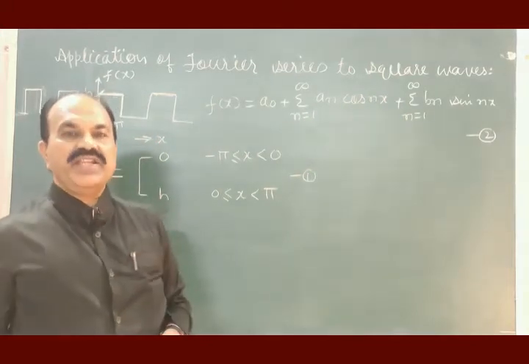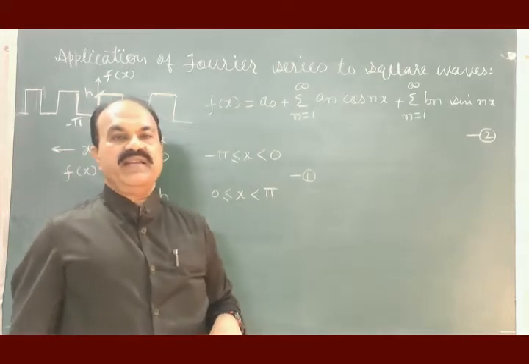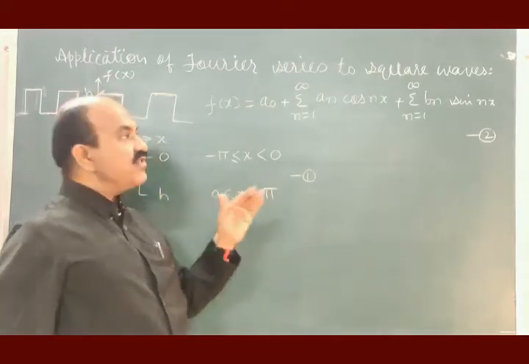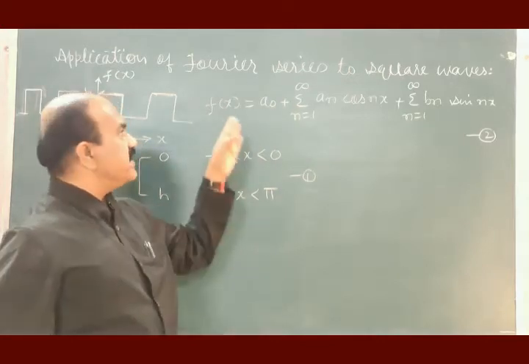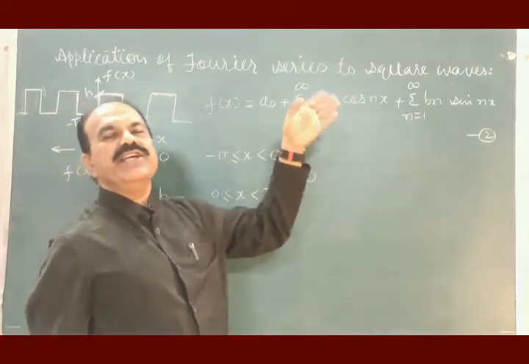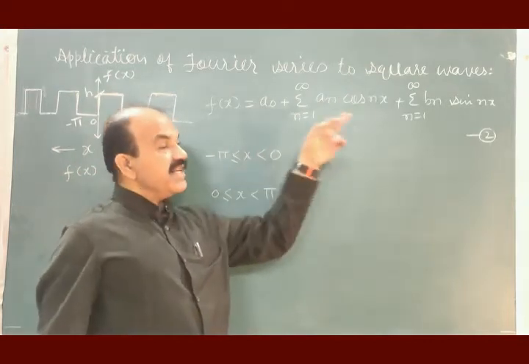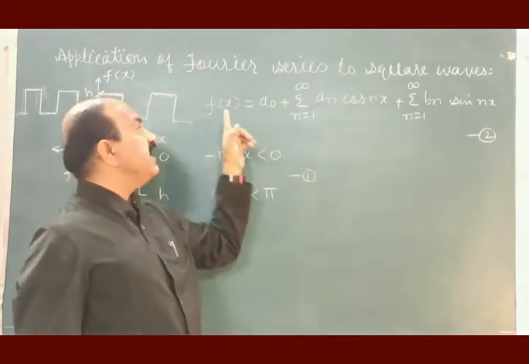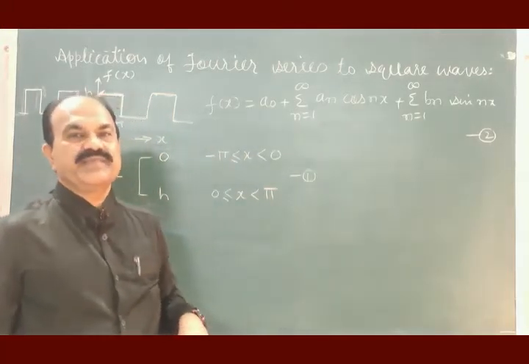Once we evaluate values of the coefficients a0, an, bn, put those values in equation 2 and represent this f of x in the form of Fourier series. This is the general way of representing any function f of x in the form of Fourier series.